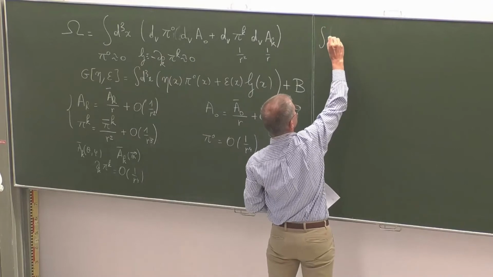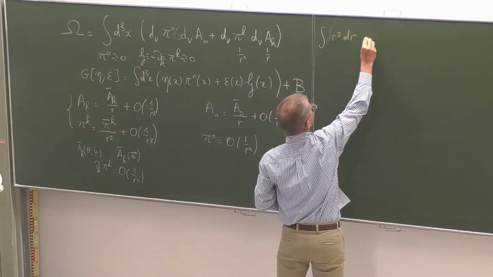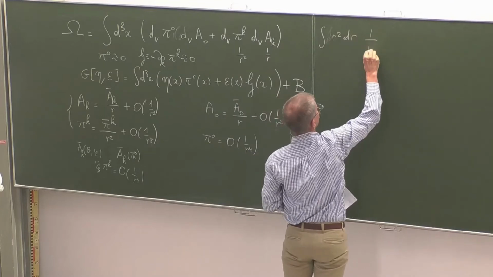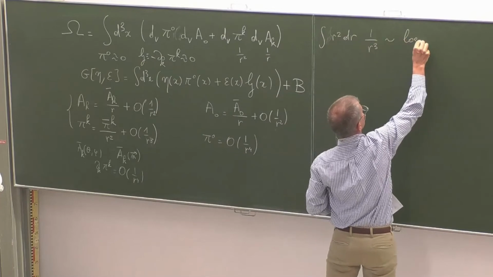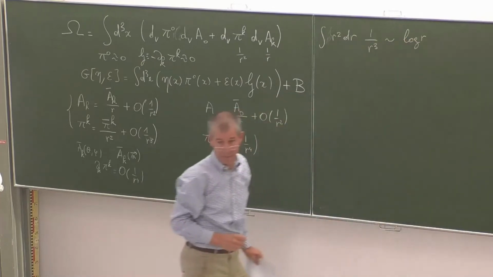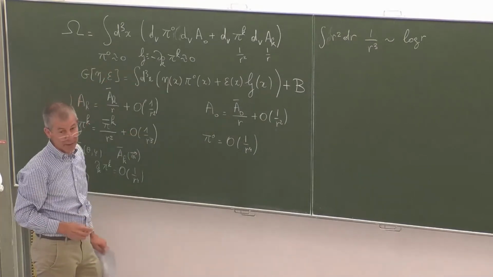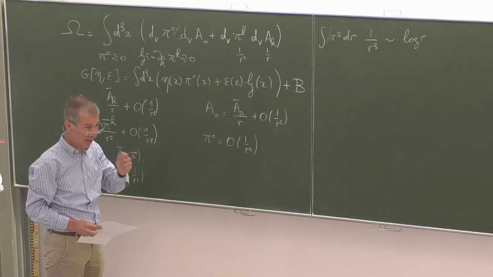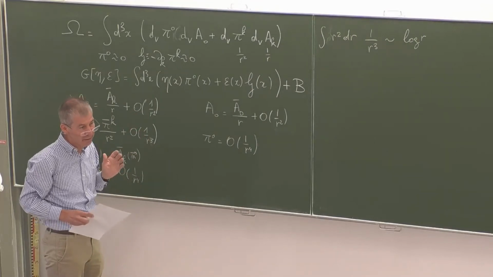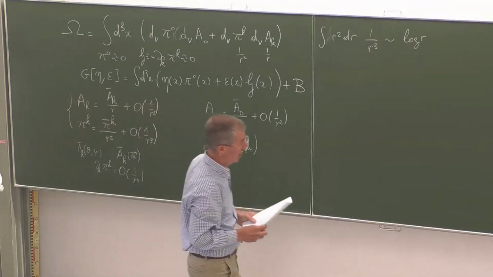That's not a problem, it's the sphere, but I will have r squared dr, 1 over r cubed, which is a logarithmic divergence. That means that in general, this symplectic structure is ill-defined. And since I insisted that we have to check that we have Hamiltonian vector fields, we are in bad shape if the symplectic structure is ill-defined.